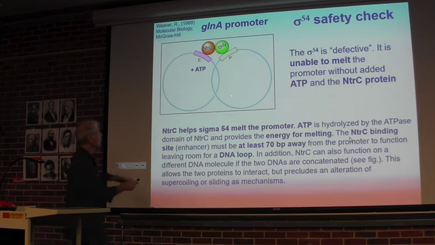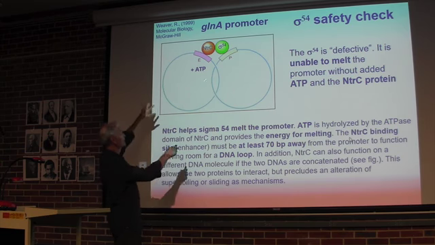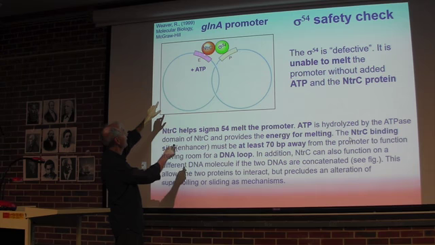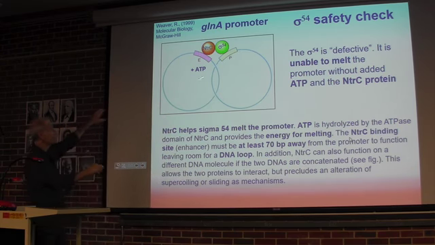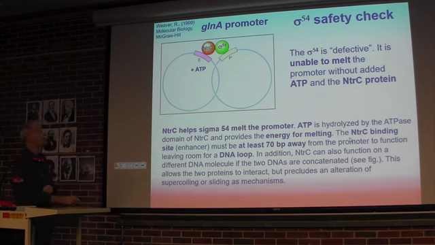Leaving room for a DNA loop. Yeah, it's thought that there's a looping effect that happens. Normally they're not on two concatenated plasmids, it's all on the same thing, but the element doesn't have to be right beside the core promoter. It can be off a ways, and you can see at least 70 base pairs away. In fact, it must be at least 70 base pairs away.